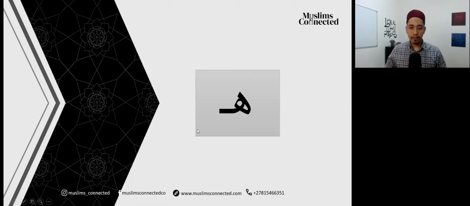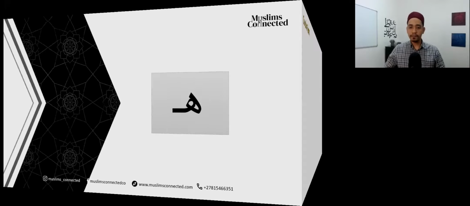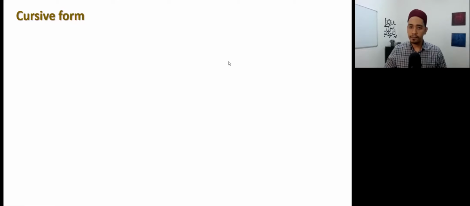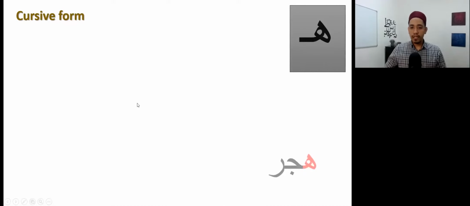Let's start with the first letter, the letter Ha. Let's have a look at the shape a bit. The letter Ha appears in a word, and it will look like this over here in the beginning of a word. It kind of looks like a bit of a scribble. Normally when you're writing it, people just do a scribble.